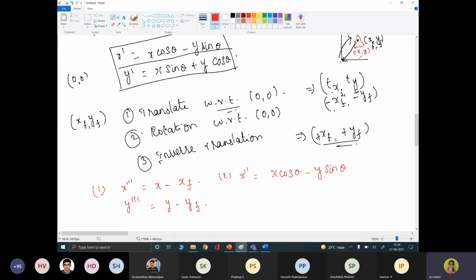Is it clear? The question is clear. We have a pixel position xy. We have converted this position to align with the origin. What will be the new value of x now? Zero? No, we have aligned only this fixed point to (0, 0), but not xy.